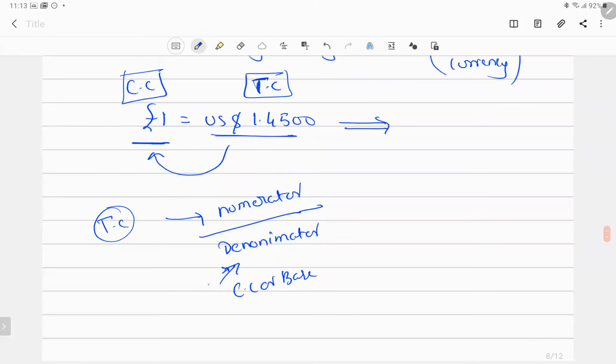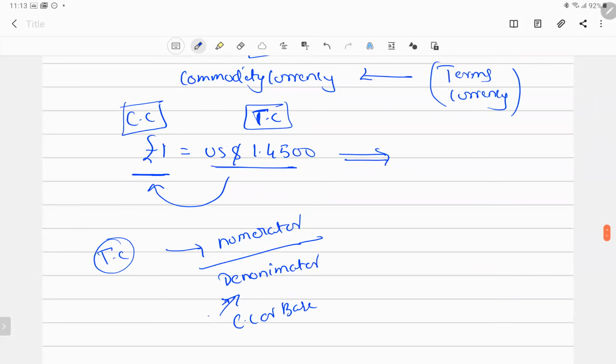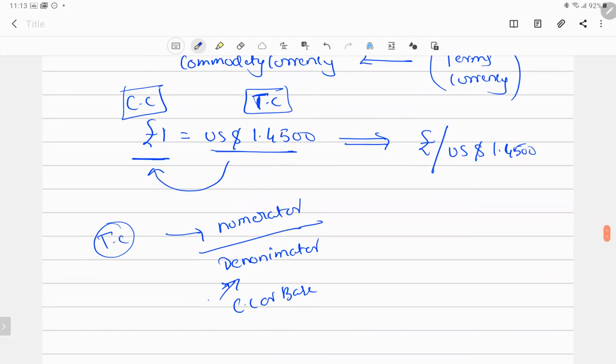So I can put here pound slash US dollar 1.4500. This is a typical thing given in the exchange rate market, right? The pound is your commodity, and the commodity is being priced in terms of US dollar.